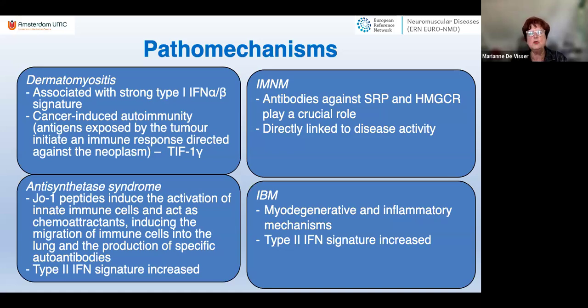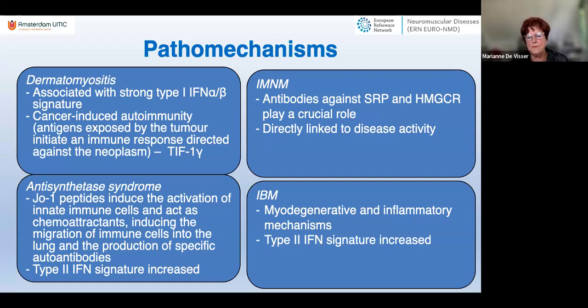And finally, inclusion body myositis, IBM. The pathogenesis is still unresolved. Some researchers suggest myodegenerative and other inflammatory mechanisms, and probably both are true. Inflammation in IBM can trigger and sustain cell stress in skeletal muscle, which leads to accumulation of unwanted proteins and irreversible muscle fiber damage.